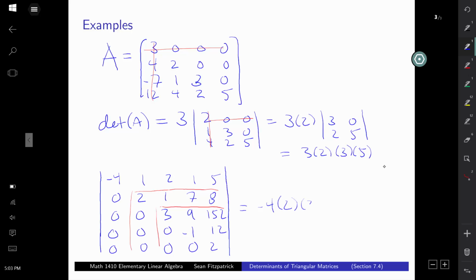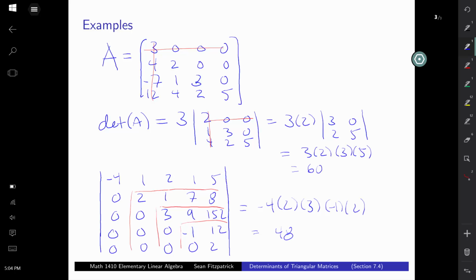I expand along the first column again: 3 times this one, and that one I just get minus 1 times 2, because the other diagonal is 0 times 12. It's 0. So we get our job done. Minus 4 times minus 1 plus 4, 2 times 2 is 4. That's 16 times 3, 48. I guess I should have done this one up here too: 10 times 6, 60.